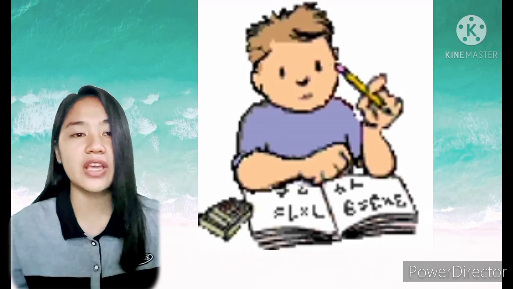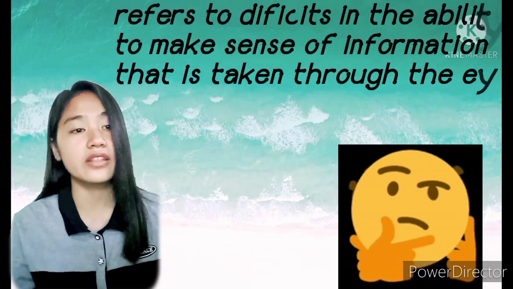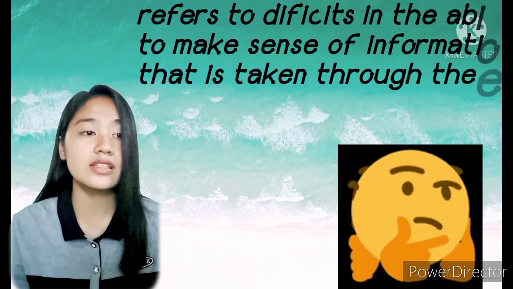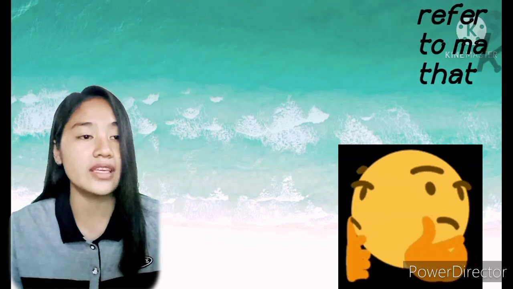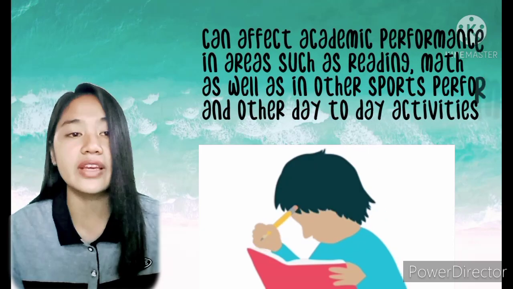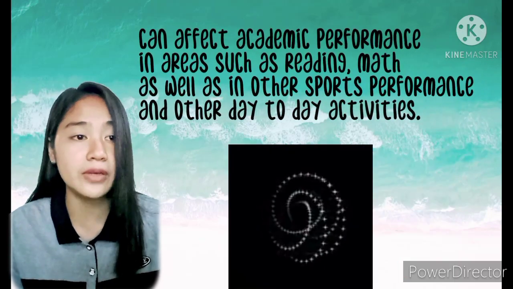Visual perception or visual processing disorder refers to deficits in the ability to make sense of information that is taken in through the eyes.